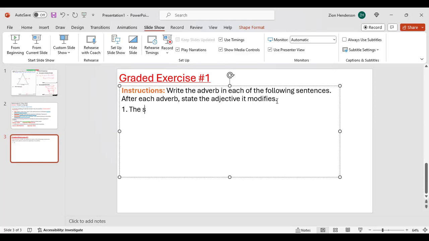So the state's warm weather usually allows for an unusually long growing season.